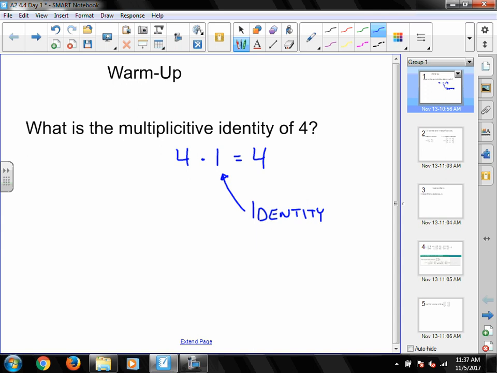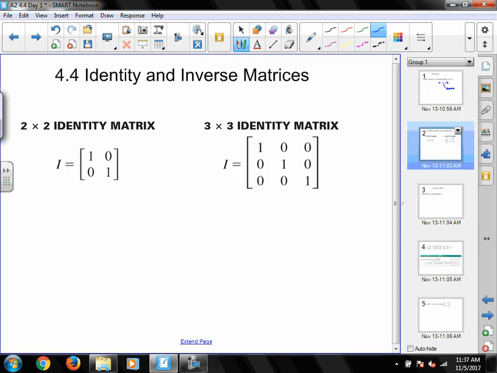What the identity is, especially the multiplicative identity, is what you multiply some number by to get the same thing. So I could have picked any number, and that identity would have been the same. So 4 times 1 is 4. You guys know that. So that 1 is the identity. It doesn't change anything. Today, what we're going to talk about is the identity and inverse matrices.